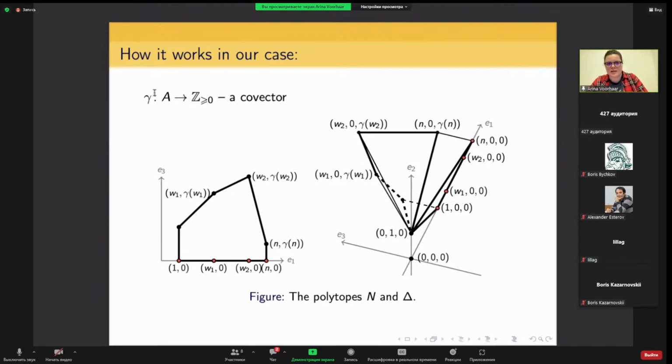which is obtained by taking the graph of the covector gamma. And as you can see, this graph of the covector gamma might have some points which will not get to the convex hull of the tent, if you know what I mean.